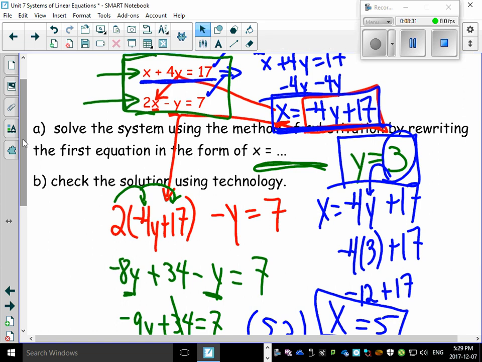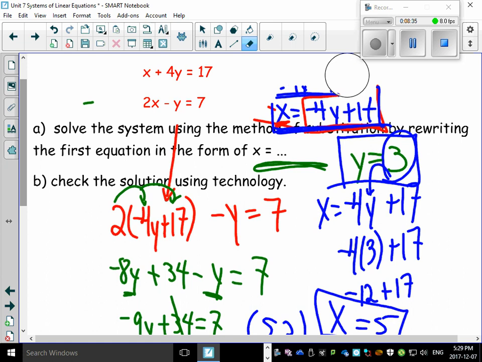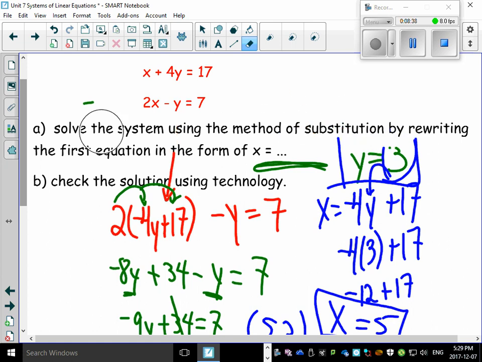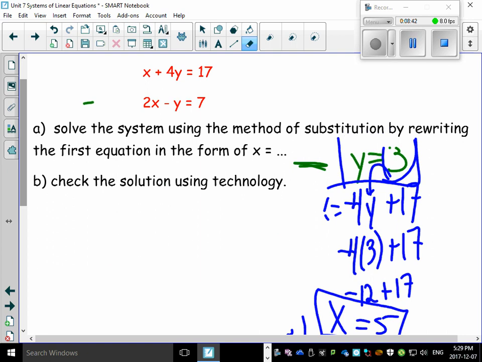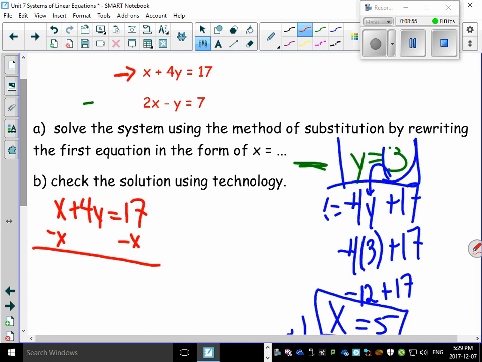And I'm going to clean up this entire mess here so that you can see this a whole heck of a lot better. Okay, so I'm getting rid of this. Here we go. I need some room. If I'm going to use technology, I better put this as y equals. So x plus 4y equals 17. I'm going to get rid of the x, leaving me 4y equals minus x plus 17.